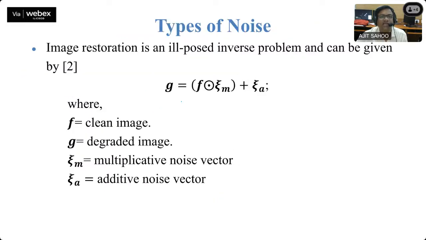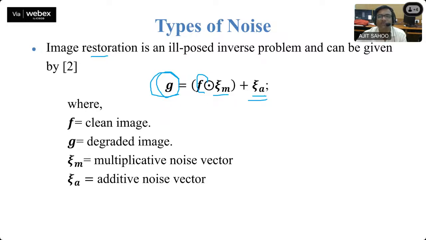Any type of image restoration is an ill-posed inverse problem and can be given like this. This is the observed image g, this is the original image f, this is the multiplicative noise vector, and this is the additive noise vector. Any type of noise modeling you can represent this way.